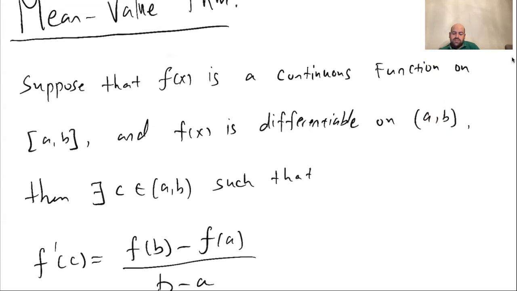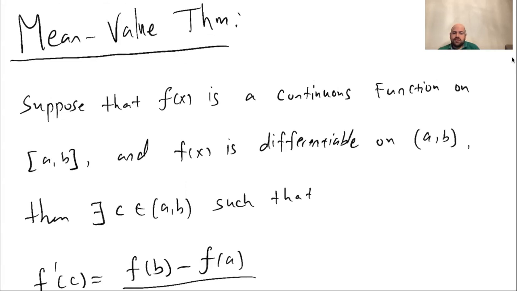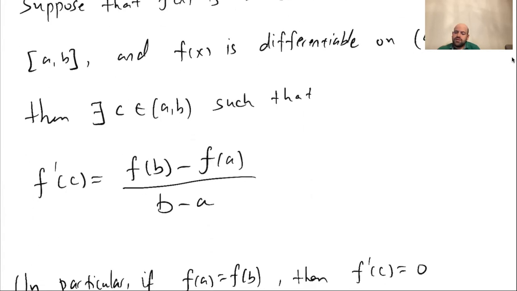See the theorem, the first condition is the same as what we had for Rolle's theorem. We have a continuous function on the closed interval and differentiable on the open interval. We do not have the condition of f of a equals f of b here anymore. But here we can say that f prime of C is equal to f of b minus f of a over b minus a.